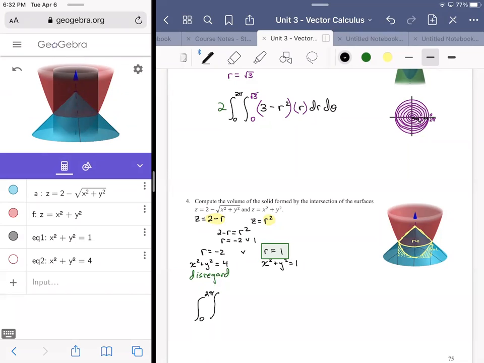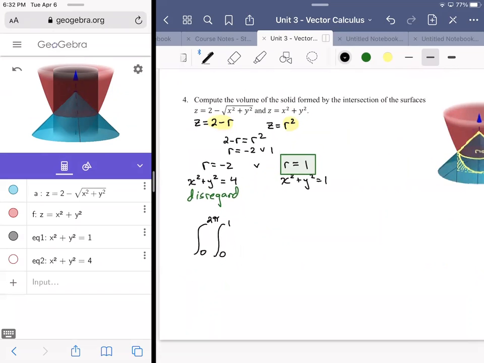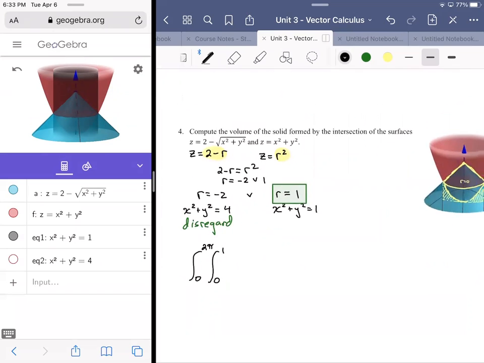Oh boy, I got to bring it in. My handwriting, as you know. From 0 to 1. Now I'm going to put in my z function. The appropriate z function to start off with is going to be the downward facing one. So that's the cone. If you have trouble identifying that, you can just toggle these on and off.